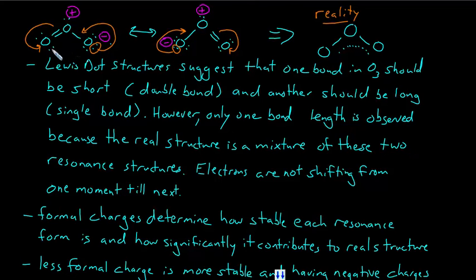So you draw out this Lewis dot structure originally, say. You could predict the other resonance structure by taking a lone pair of electrons on one of the atoms and moving it in to form a new bond.